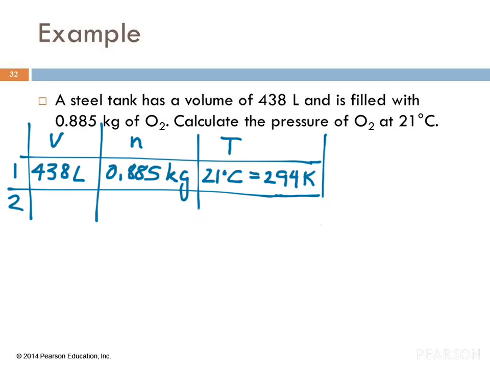Just erase the second row. We don't need it. But now I've got my numbers labeled, so that's kind of nice, right? So if there's only one set of conditions, the law to use is going to be PV = nRT.